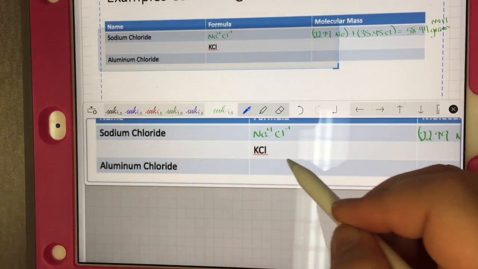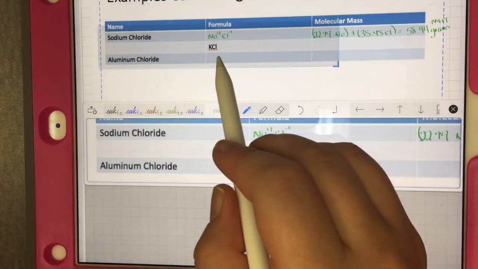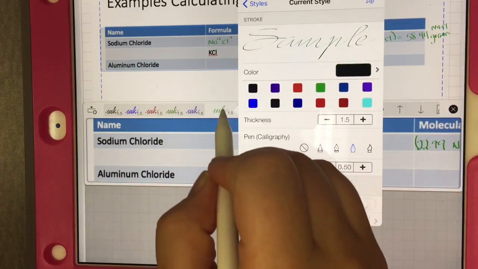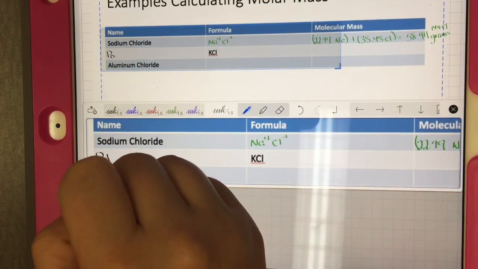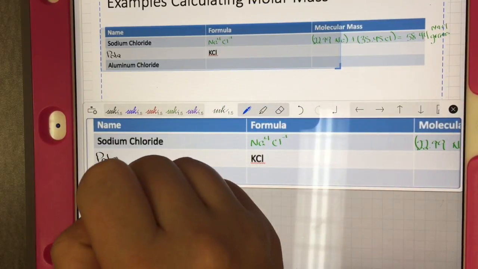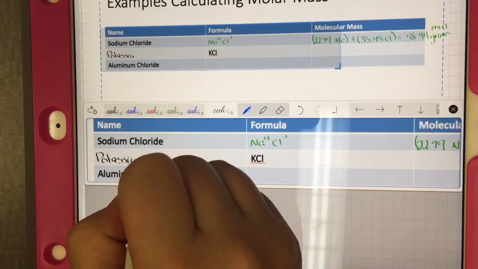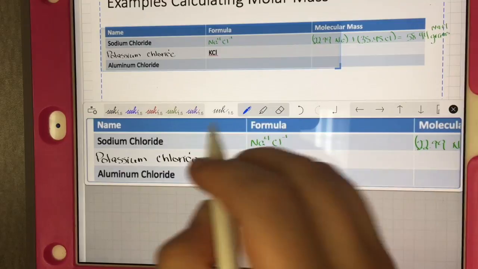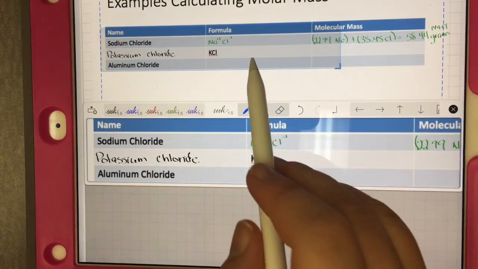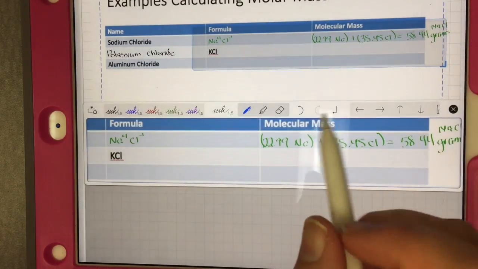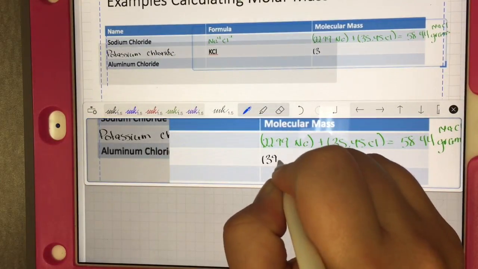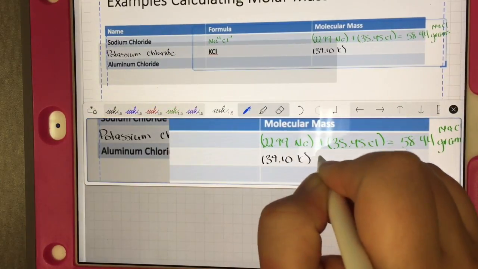And so KCl, if we're going to go back to our naming, is simply going to be potassium chloride. And then when we calculate our molecular mass, we're going to have 39.10 for potassium.